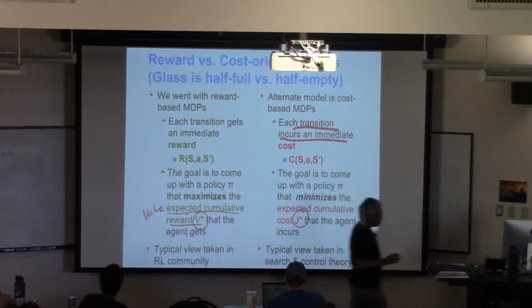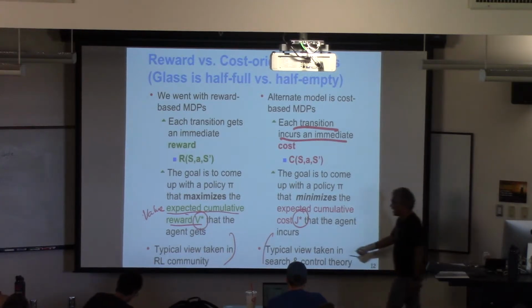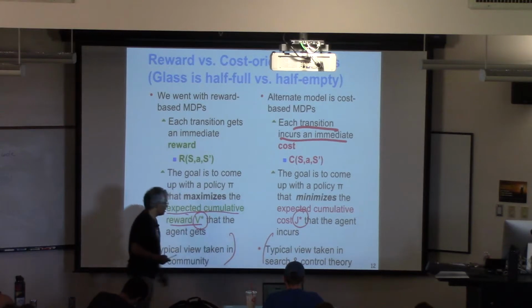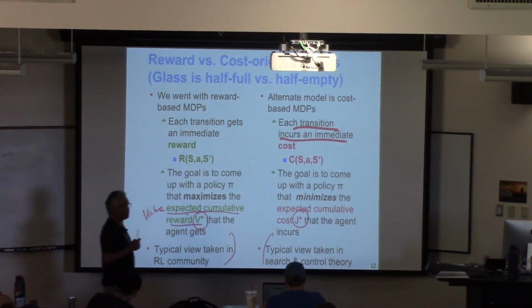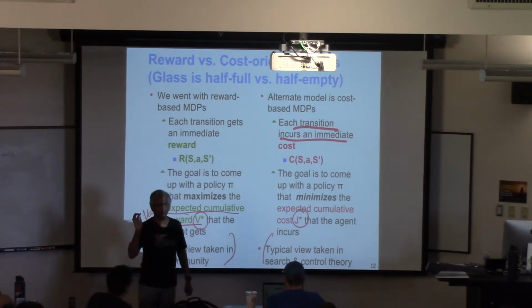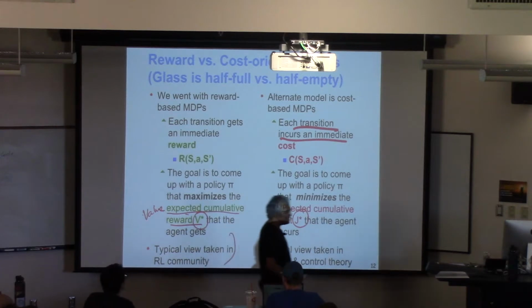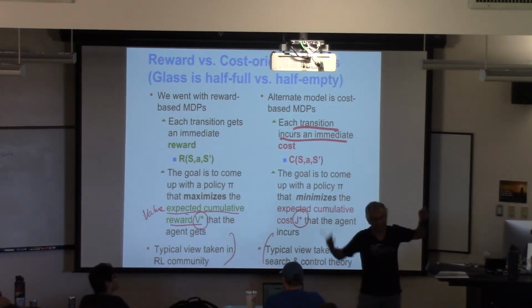This is the RL view. This, on the other hand, is the view taken in the search and control theory literature. How many of you have heard of control theory? Anybody with an electrical engineering background would have heard of control theory. It turns out that many different areas are trying to solve the same problem.